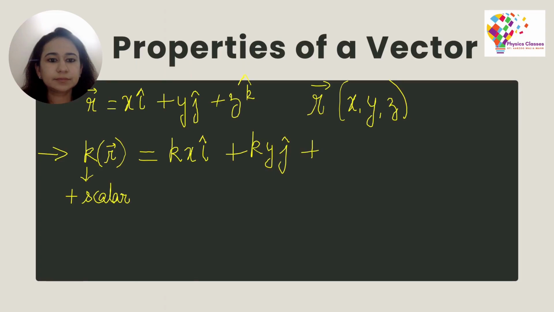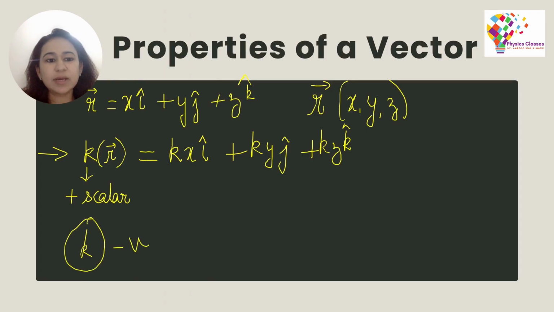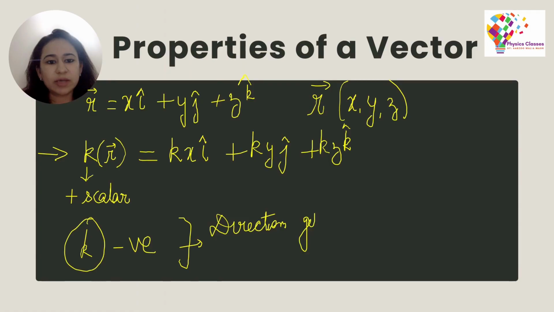So you will have k times x i cap plus k times y j cap plus k times z k cap. But if k is a negative scalar, then the magnitude will get multiplied k times, of course, but the direction would also get reversed.